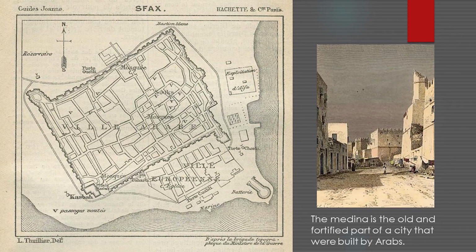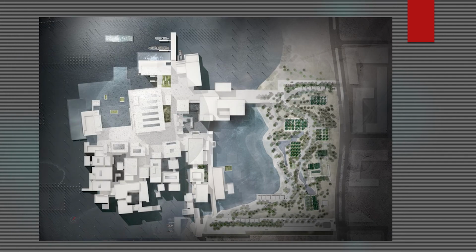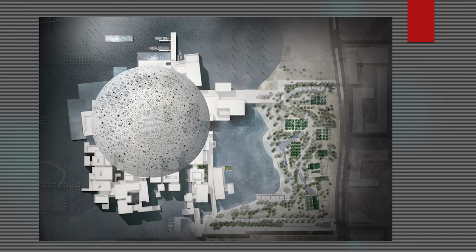It's not really straight. And then if you look at that picture and you look at the image on the left and you look at that one, you can see that he basically did the same kind of geometry in the Louvre in Abu Dhabi. And then he topped it off with the dome.